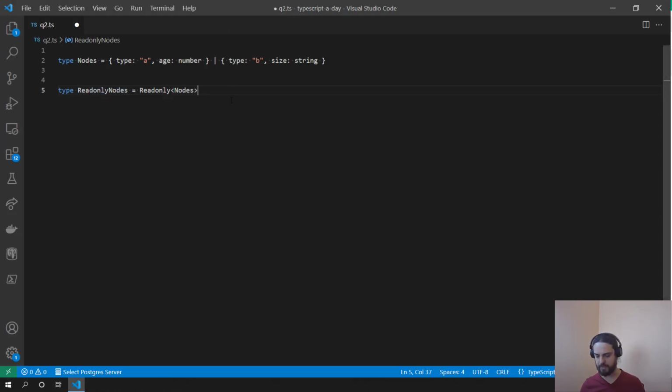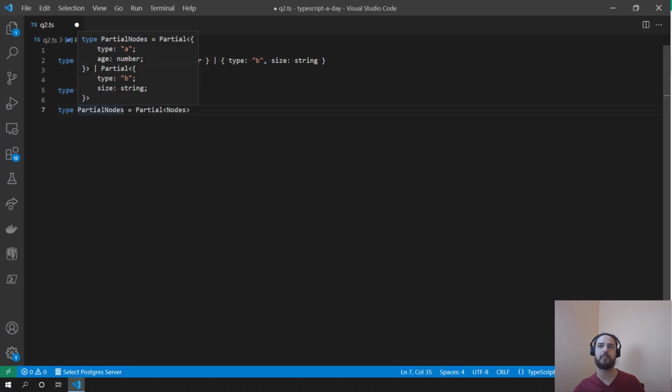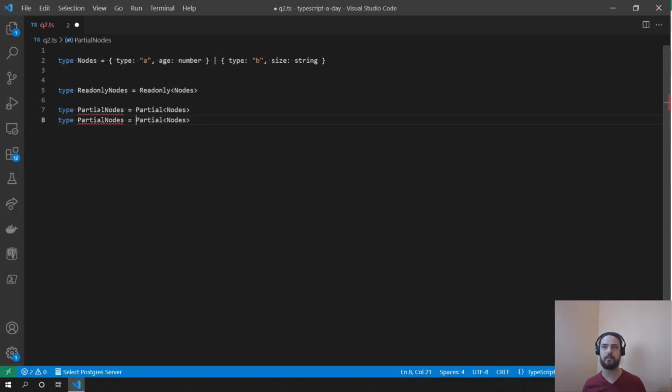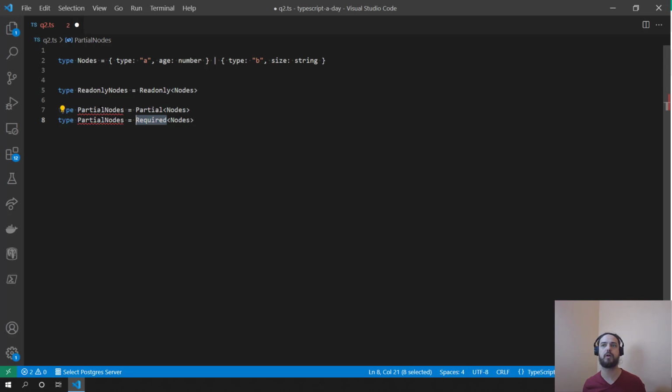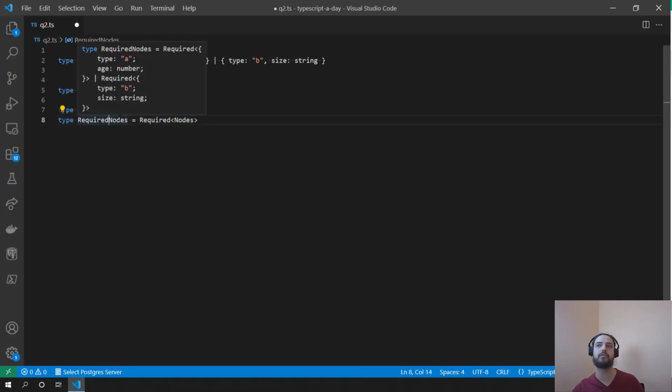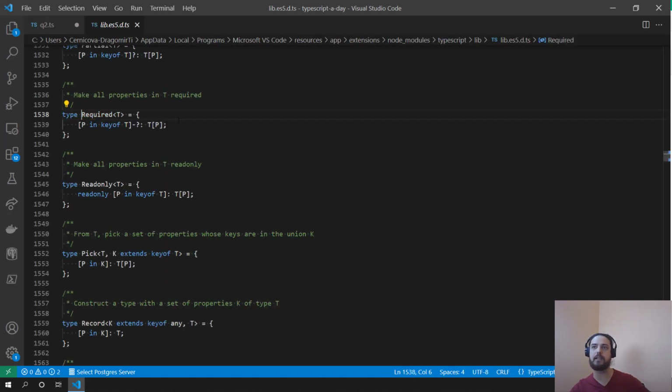So is Partial. Again, if we apply Partial, we see here that we get a union as a result. And so is Required. Required is also a distributive mapped type, because if we go look at the definition of these types, we can see that their mapping happens specifically over keyof T, where T is a type parameter.